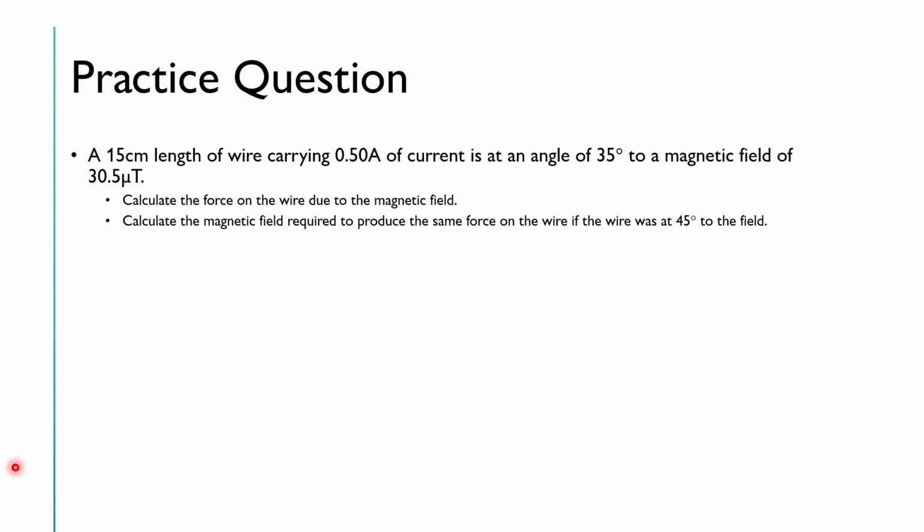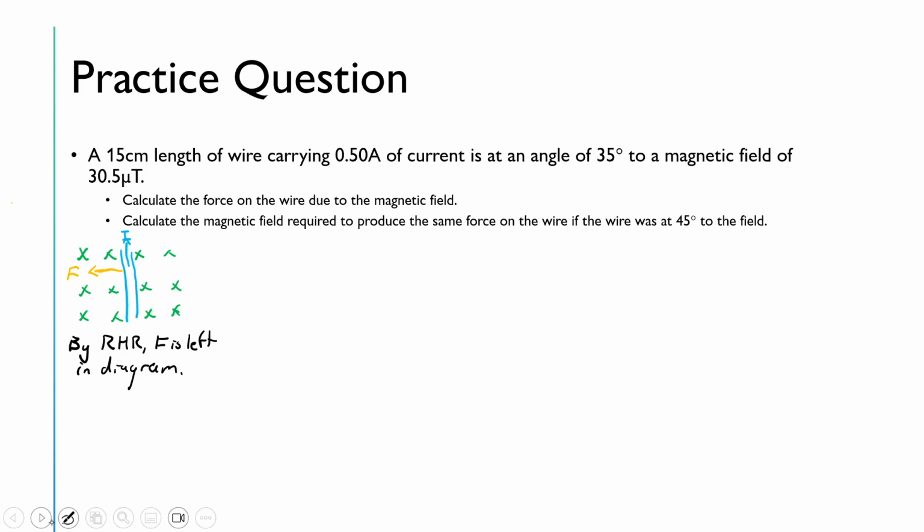Before we go any further, what I want to do first is draw out a little bit of a diagram so that we can begin to talk about the direction of the force experienced by the current carrying wire. So in this diagram, I've drawn the magnetic field B into the page.